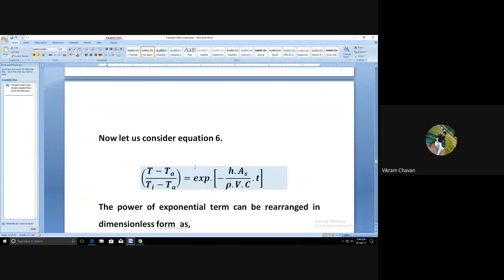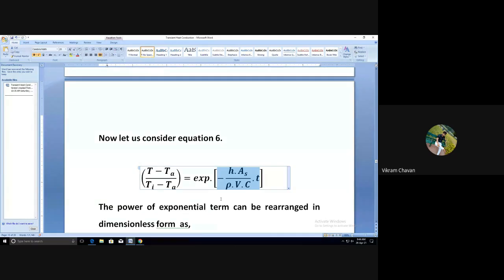Now today we are trying to understand the further conversion of this equation number 6, and the significance of the Biot number and Fourier number. How can this bracket term be converted into a dimensionless term? Dimensionless means that the term does not have any dimension.